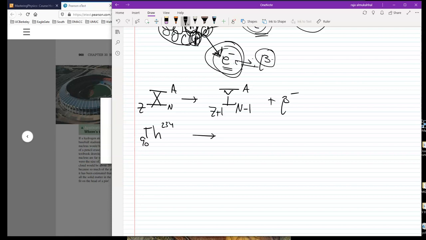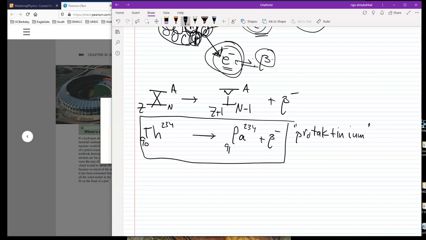If it is neutron rich, then it converts into the daughter, protactinium, kind of hard to pronounce, and this is Pa-234 with Z equal to 91. So you see, it's still the same 234, but it gained one more proton, plus the beta particle. This is basically what the beta decay looks like.